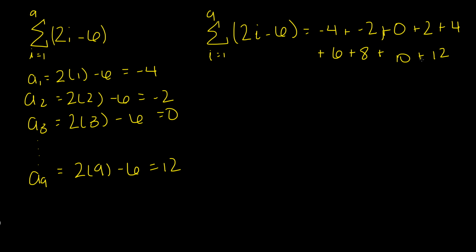So we're just going to add all these together, and what we find is that the summation from i equals 1 to 9 of 2i minus 6 is equal to the value 36.